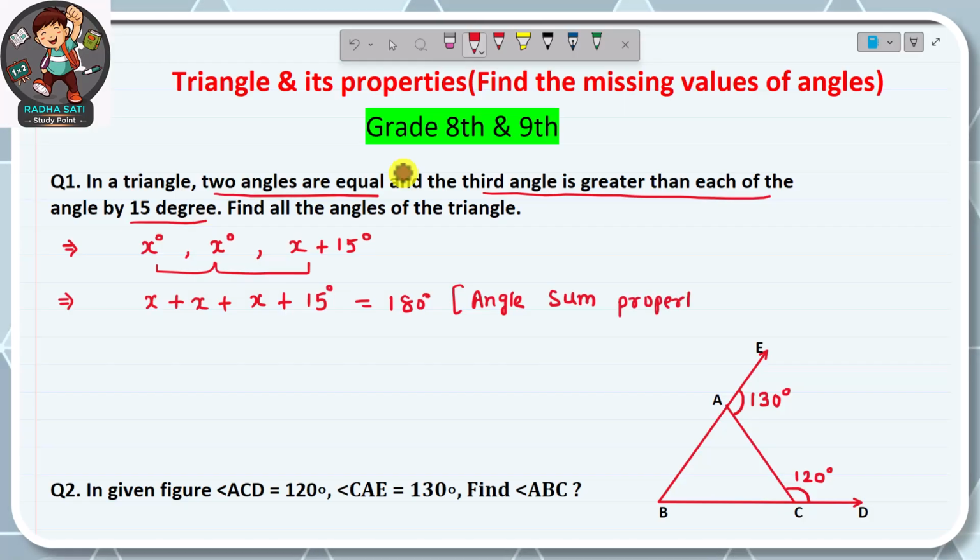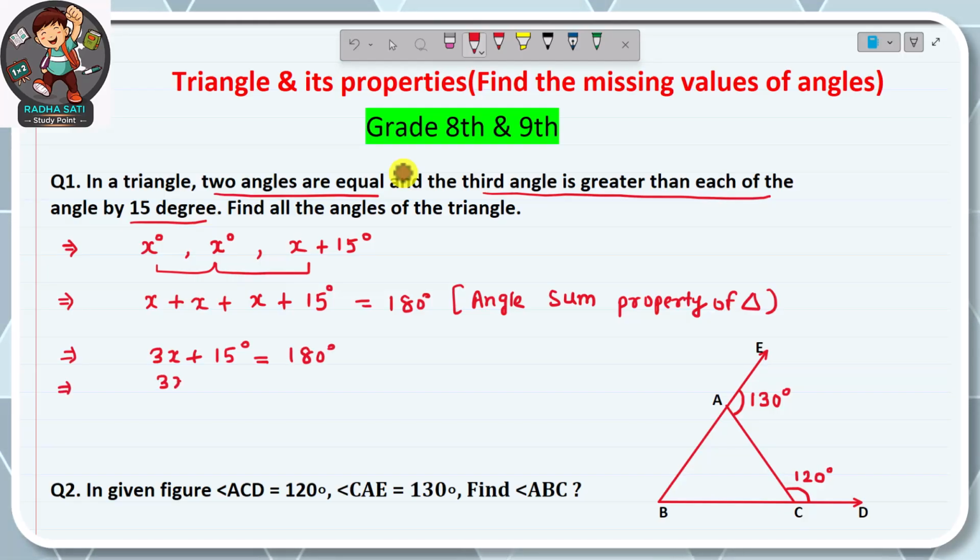After adding these three, we will get 3x plus 15 degrees is equal to 180 degrees.